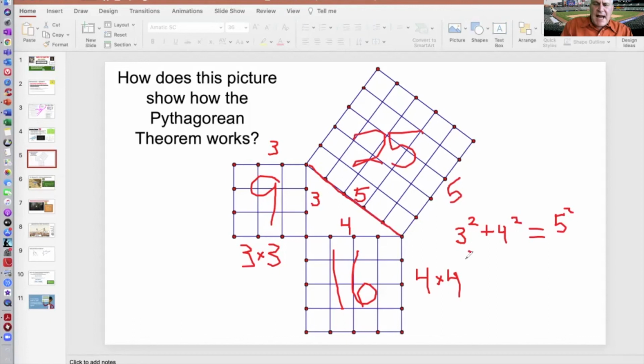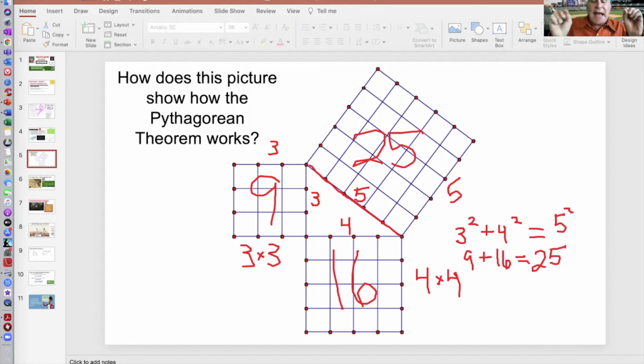So 9 plus 16, the area below the right triangle, equals the area above the hypotenuse. So there's the Pythagorean theorem right there. A squared plus B squared equals C squared.